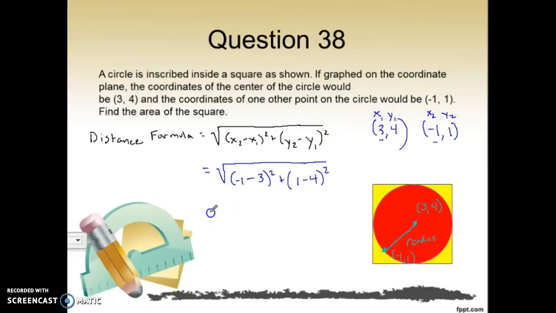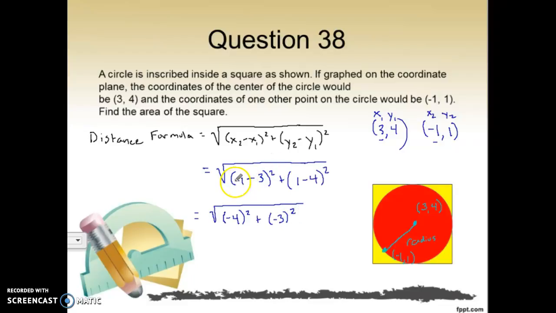Now I'm going to simplify, doing what's inside the parentheses first. -1 minus 3 is -4 squared, plus 1 minus 4 gives me -3 squared.